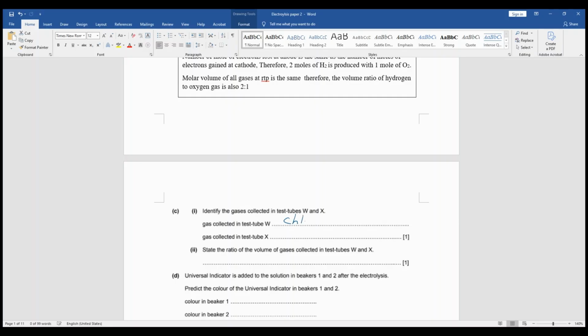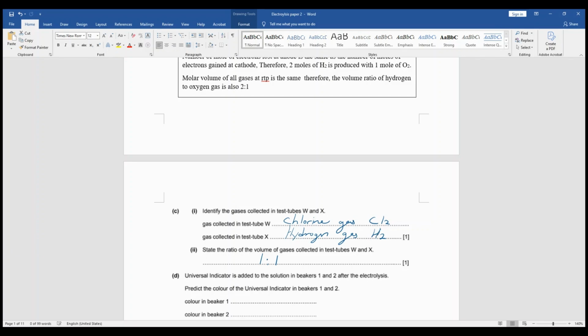You can write chlorine gas, or just write Cl2 if you want. And the other one will still be hydrogen gas, H2. State the ratio. Ratio should be 1:1. If you're not sure, you can write the half equation out to see for yourself, and then try to balance the electron.